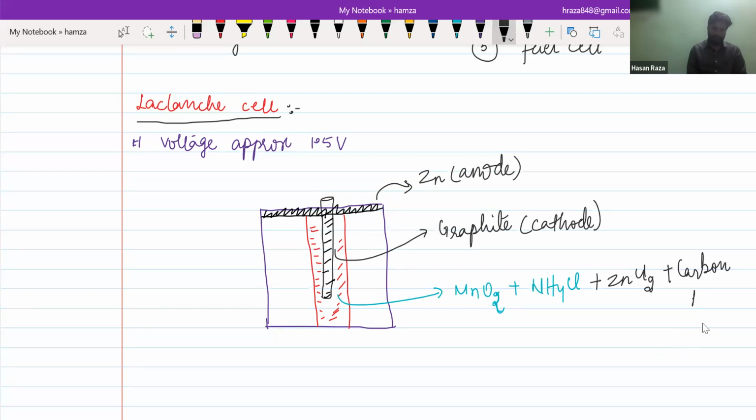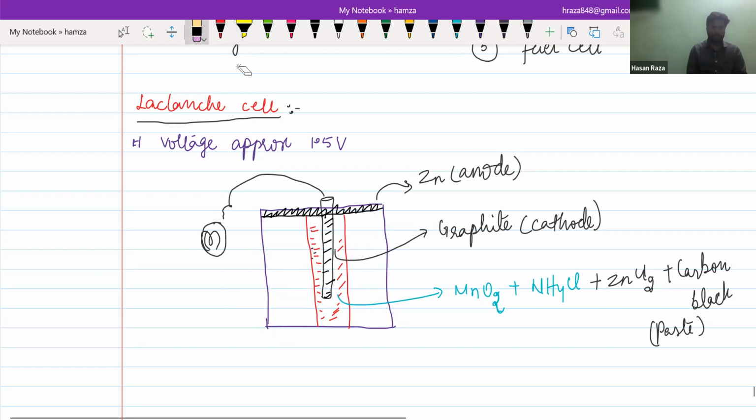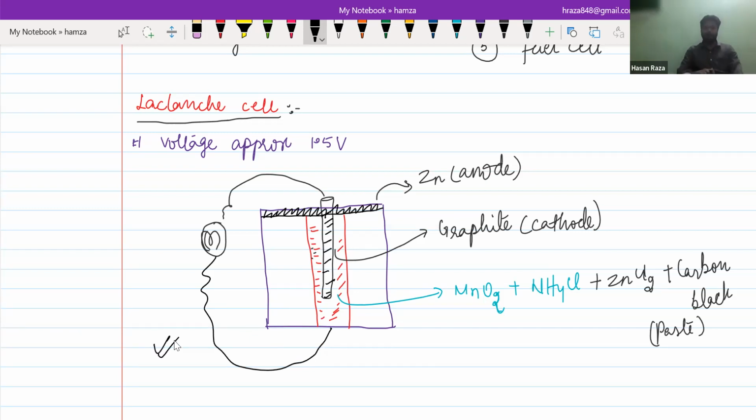These are the paste in this portion, the red one. Now this is connected with, like, this is a bulb. So this is the small representation of the cell, in which you can see cathode, anode, and the paste of different compounds. So please write it.